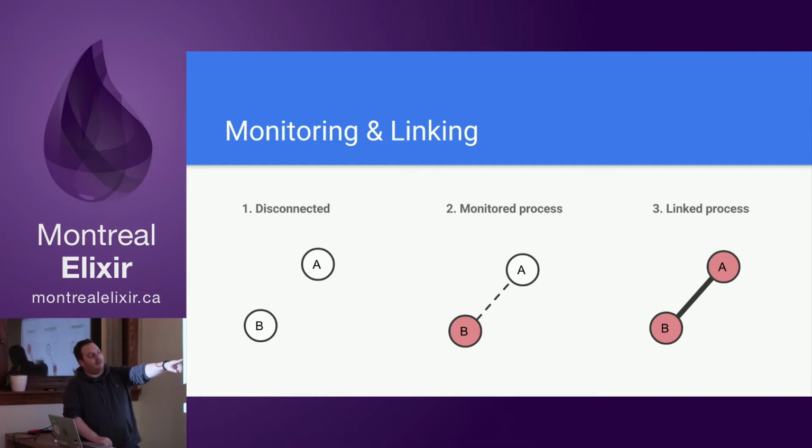So think about the case that I said before where the passenger's phone died: the passenger terminates, and it notifies maybe the ride actor that it's not available. A linked process is when one process wants to link with another, and if either of them dies, the other one dies. So they're basically joined for life.